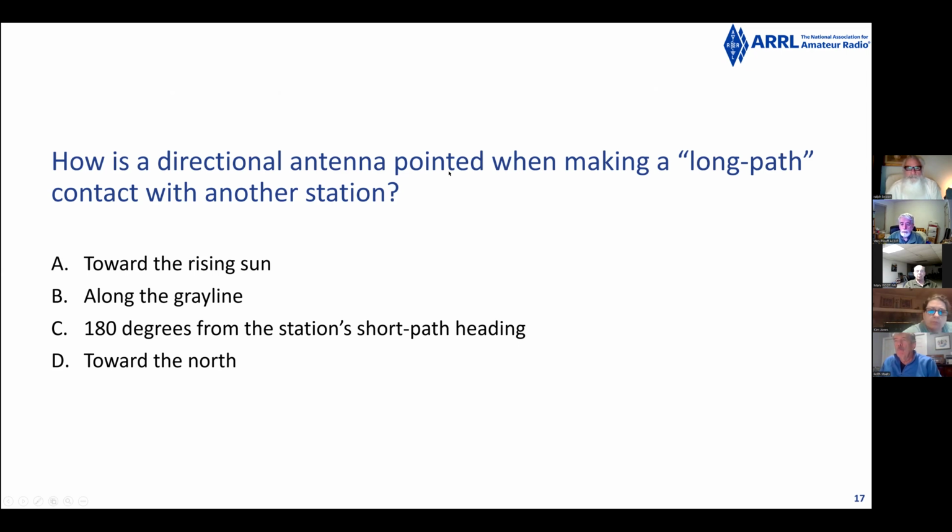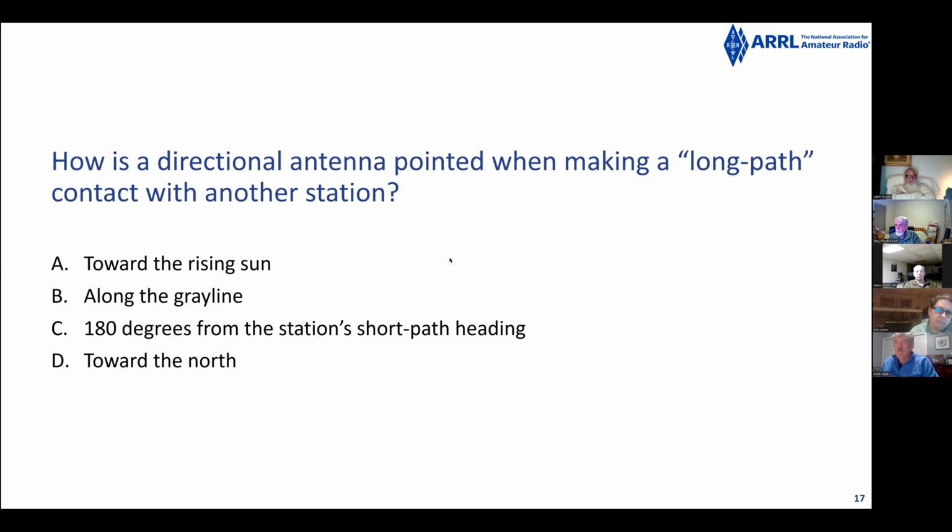Okay. I'll move this down here so I can see the chat also. But yeah, it's 180 degrees out. By the way, the gray line is the region of the sunrise and sunset going around the Earth. And it turns out, if you think about it, near sunrise and sunset, the ionosphere is changing, and that can do strange things and sometimes wonderful things to propagation.